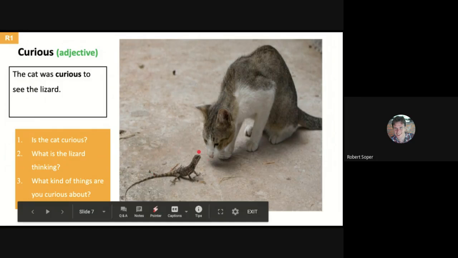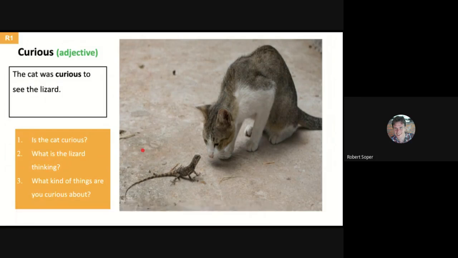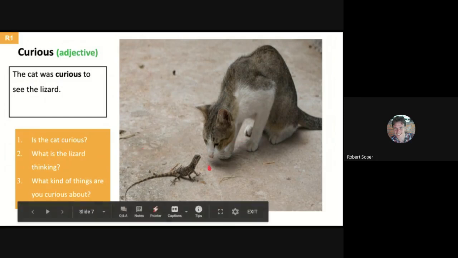It might be thinking, oh no, it's going to eat me, but it doesn't appear to be running away. It's probably wondering, what is that big thing? Why is it looking at me like that? And yes, it may be trying to figure out whether this big thing will eat it, but it certainly looks interested in what it sees. That's why the lizard also looks curious.